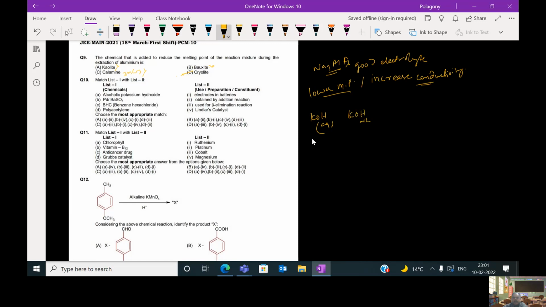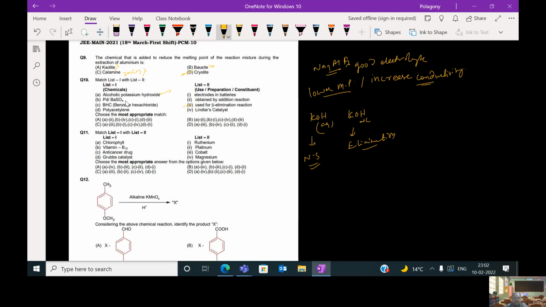Aqueous KOH is for nucleophilic substitution reaction, and alcoholic KOH is for elimination reaction. So alcoholic KOH is used for the beta elimination process.